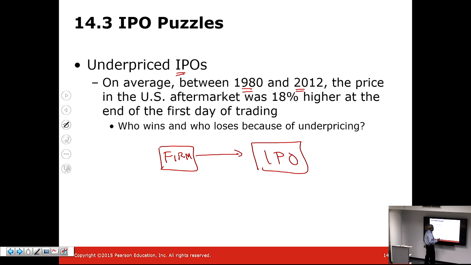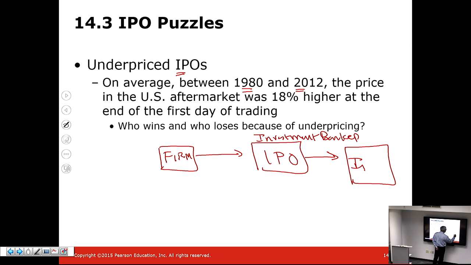Let's say this is the firm commitment method, then they're selling this to the investment banker. Then the investment banker sells this to investors.